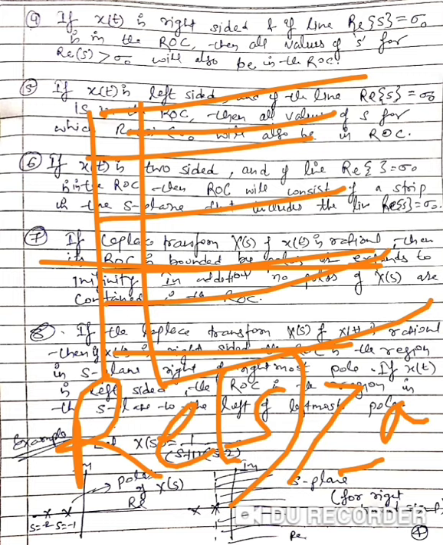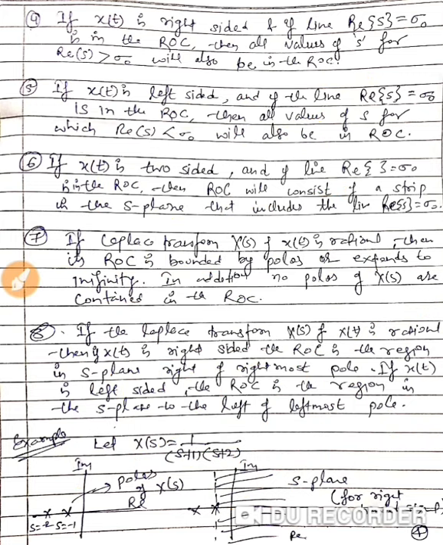If it is a left-handed signal, fifth point, if xt is a left-sided signal and the line real of s is equal to sigma naught is in the ROC, then the values of s for which the real part of complex variable s is less than sigma naught will also be in ROC.